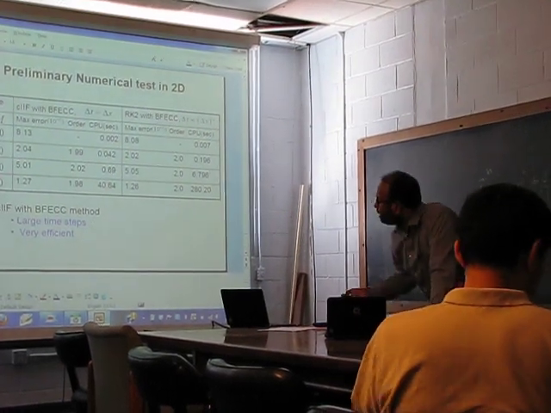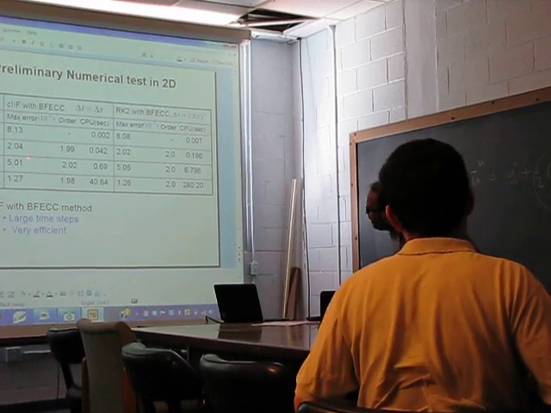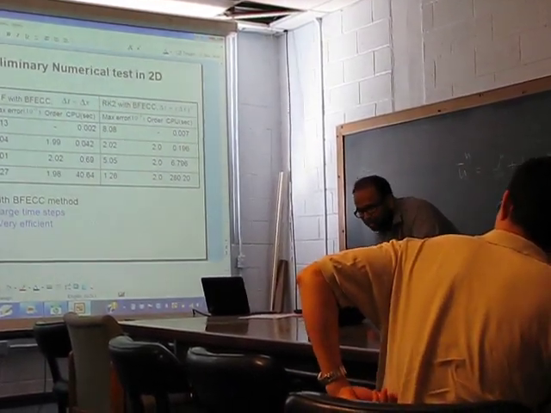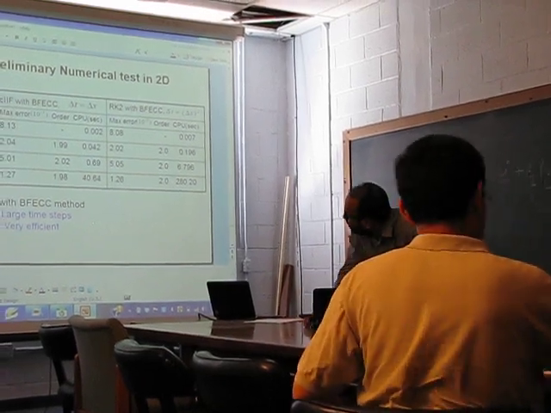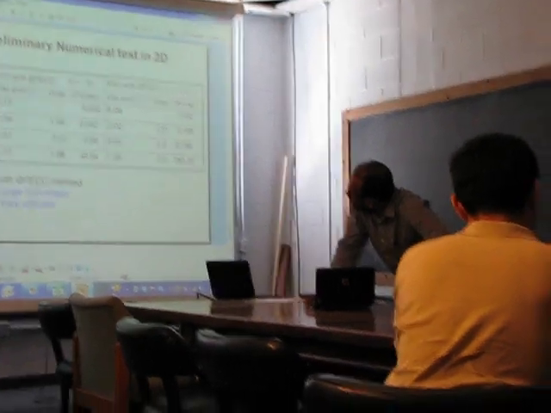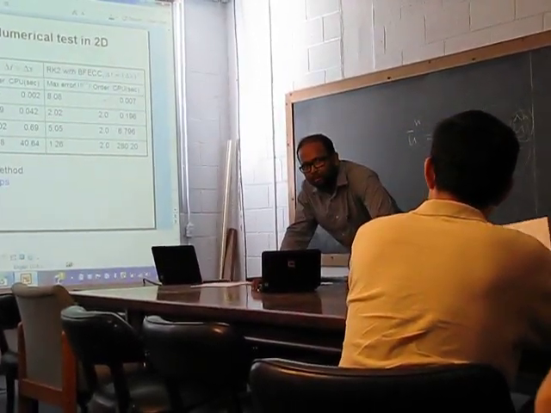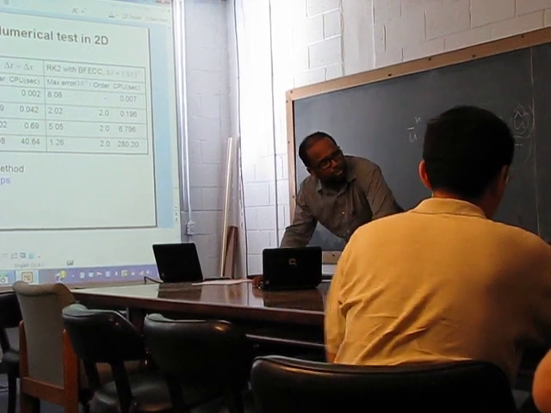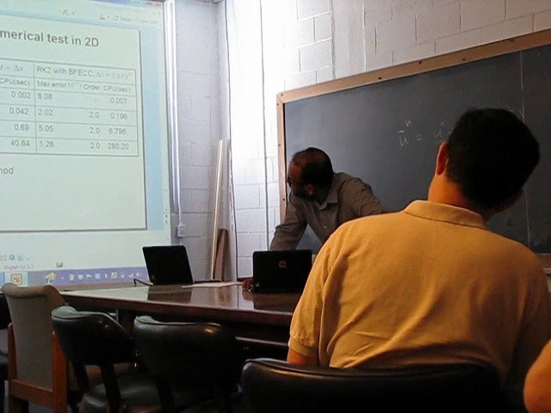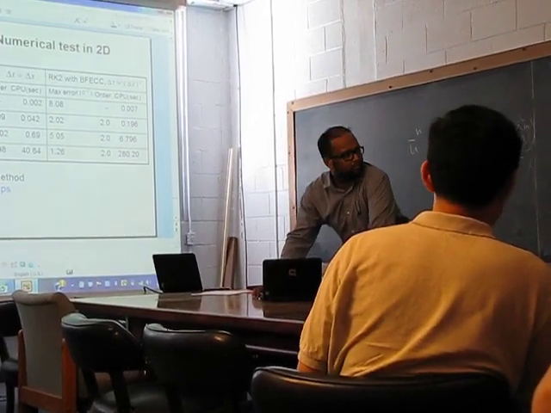I think here it will be 10 to the power negative 4 instead of 10 to the power negative 3, because every time you double the grid size, the error will be 1/4 of the previous. So it will be 5 times 10 to the power negative 4.